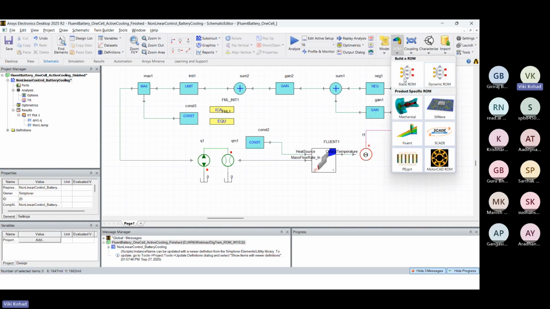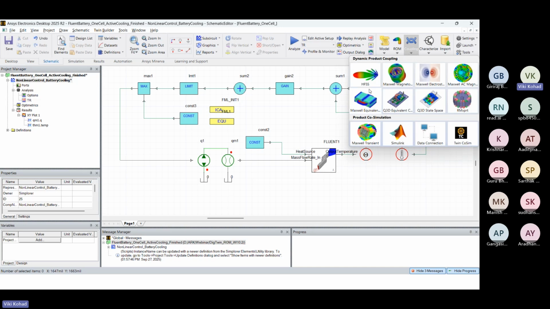The supported ROM models are static ROM, dynamic ROM, which I already told, mechanical ROM, SIwave, PCB. If you have the PCB ROM, then you can import it as SIwave, Fluent, SCAD, MotorCAD, PExprt. It couples with Maxwell transient, Simulink, data connection, twin co-simulation, RMxprt, Maxwell, Q3D.